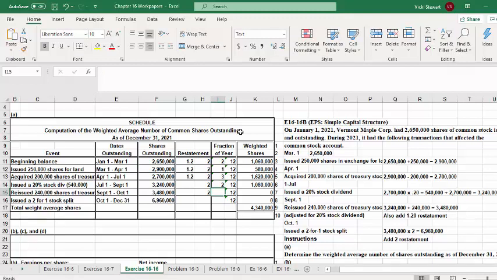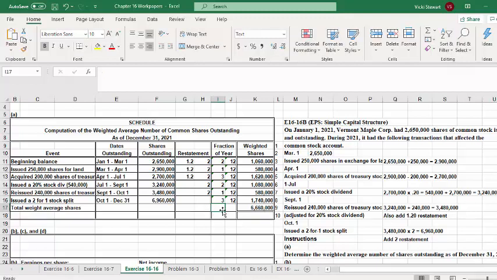Next, we reissued the 240,000 shares of treasury stock, and that raised our shares to 3,480,000, and that was outstanding for the month of September. Then we had the 2-for-1 stock split on October 1st that increased the shares, or doubled them, to 6,960,000, and that was the last transaction for the year, and that was outstanding for October, November, and December, so 3 months. So now we have completed our spreadsheet.